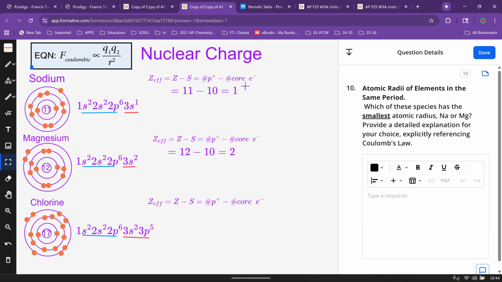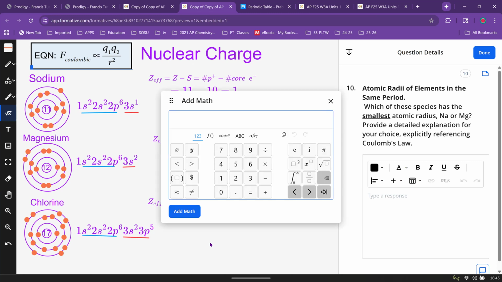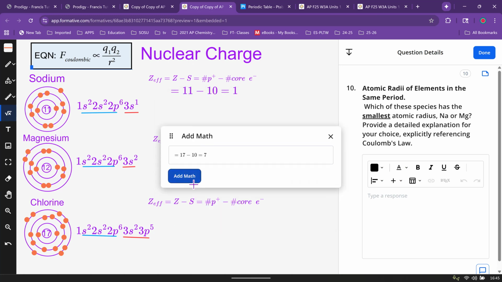Now, as we go across a period, the number of core electrons always remains the same, but the number of protons increases. So when we get to something like chlorine, even though we're not asked about it here, we keep the same number of core electrons, 10, but we have 17 protons minus 10, and what we end up with is an effective nuclear charge of 7.